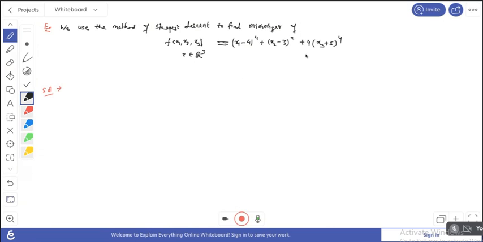You are free to choose any initial point. But in this problem, x1 is 4, x2 is 3 and x3 is minus 5, so you can also choose a point in the neighborhood of this point. Here we choose the initial point.